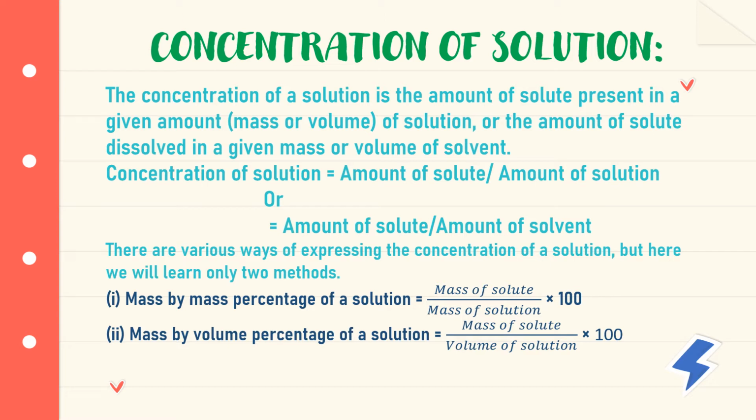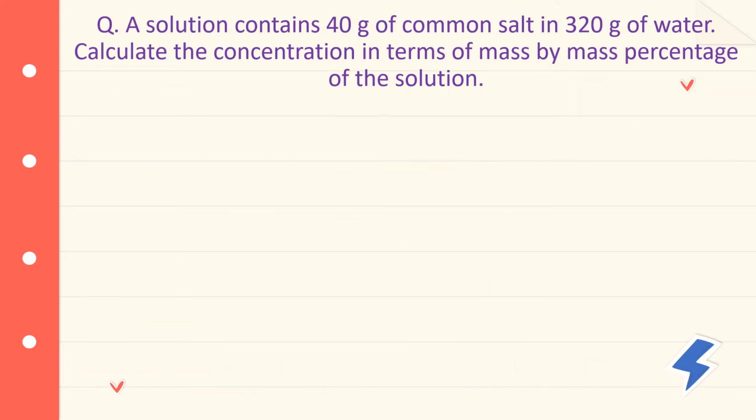And if we want to calculate the concentration of solution in terms of volume by volume percentage, then what would be our formula? Volume of solute by volume of solution multiplied with 100. So let us proceed towards the first question.